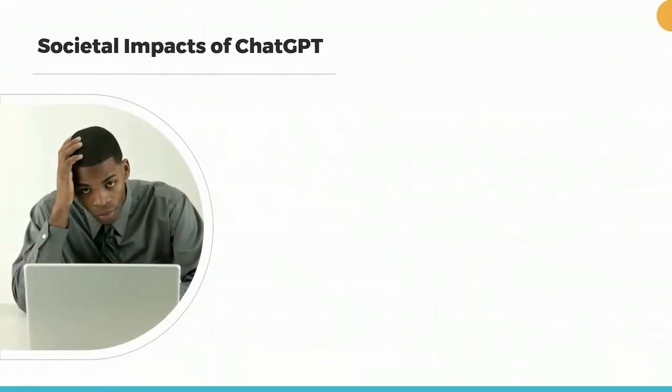ChatGPT has the potential to affect people in both positive and negative ways. As stated before, the potential for the inadvertent perpetuation of bias and discrimination due to flaws in input data is a significant concern. ChatGPT may learn and reproduce problematic patterns from the data on which it's trained.